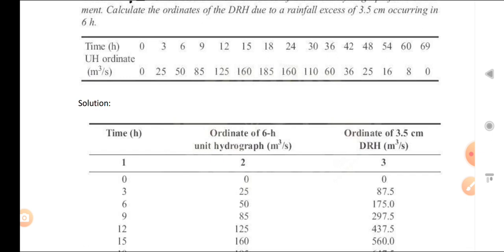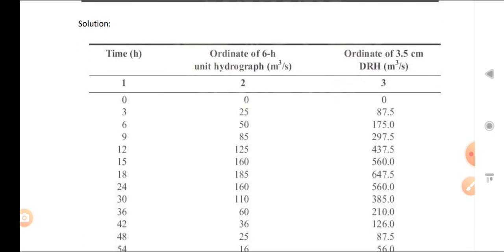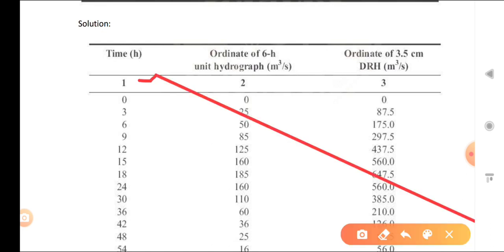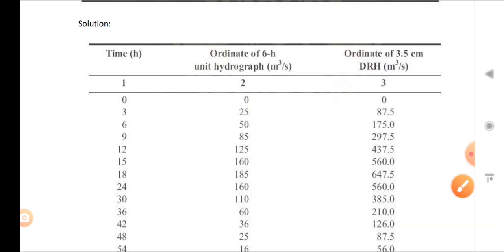So simply, we have to multiply the ordinate of unit hydrograph by 3.5. Now you can see in the solution, in column 1 time is given. Then in the second column, you have to write the ordinate of the 6-hour unit hydrograph, and then make the column for the ordinate of the 3.5 centimeter DRH.